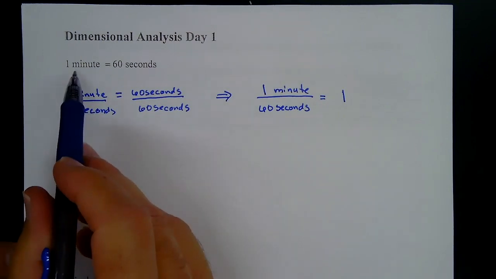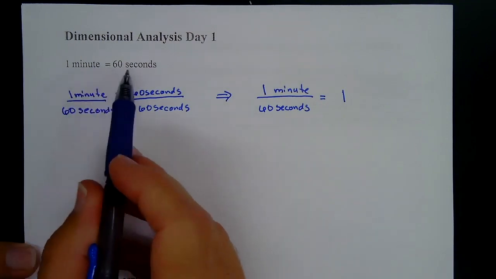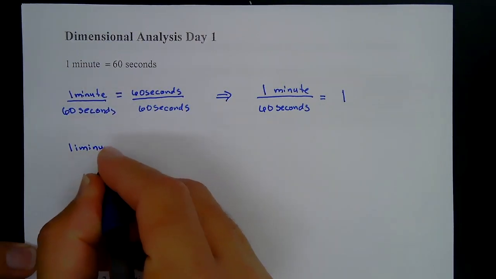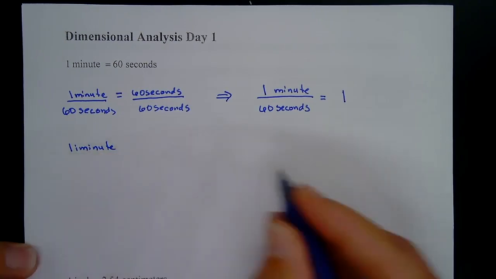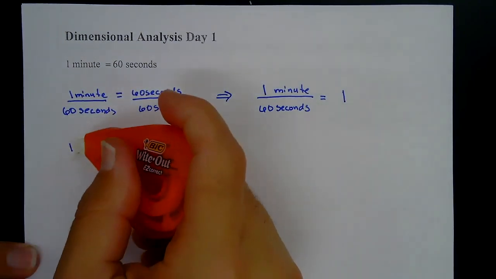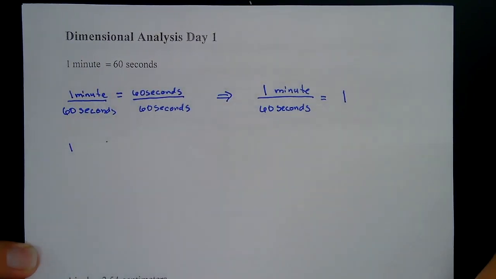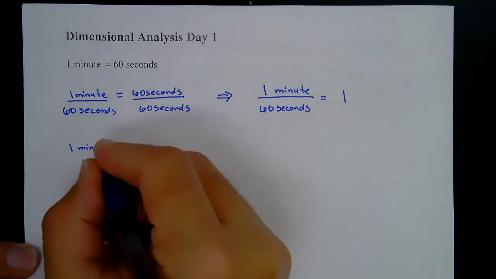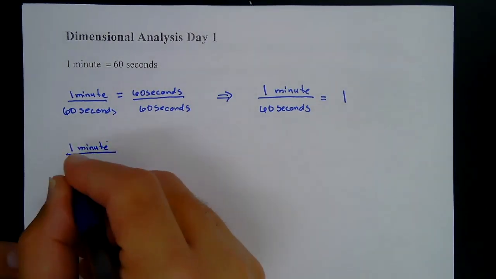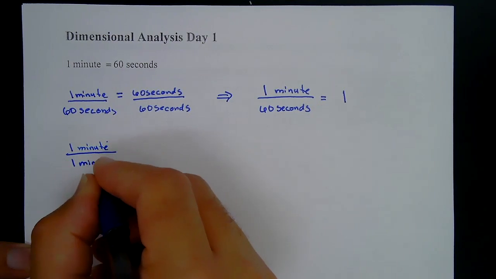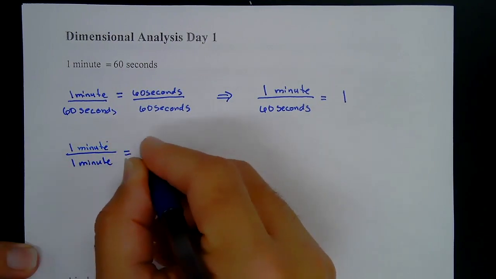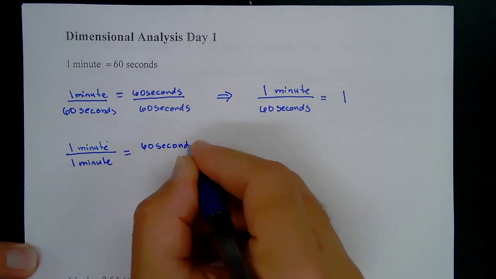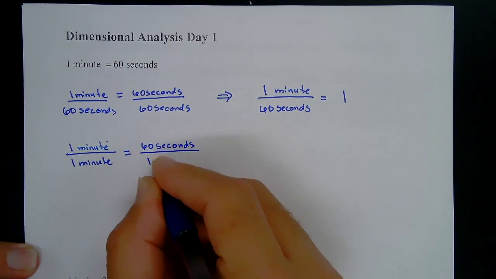What if we took 1 minute and divided both sides of this equation by 1 minute? I can't spell minutes. Sorry, let me fix that. Sometimes my hand goes faster than my mind. So 1 minute divided by 1 minute is equal to 60 seconds divided by 1 minute.